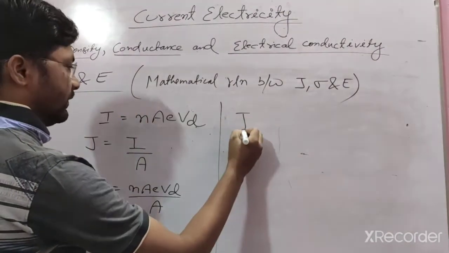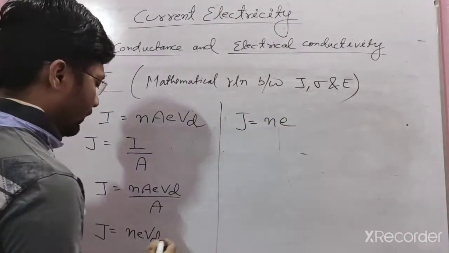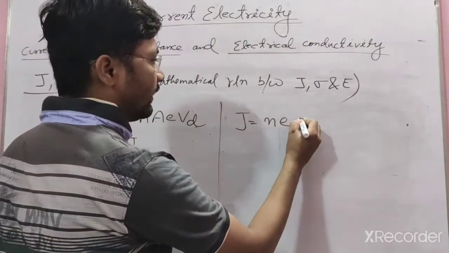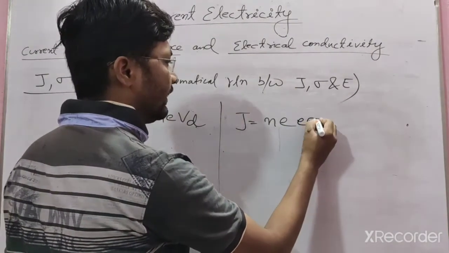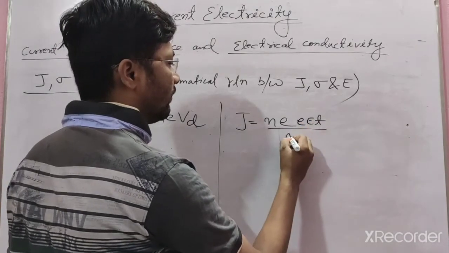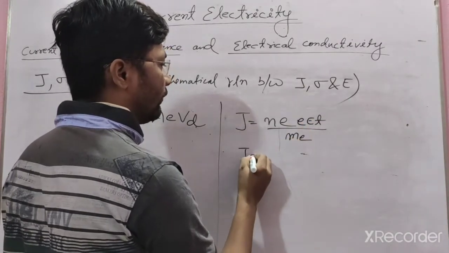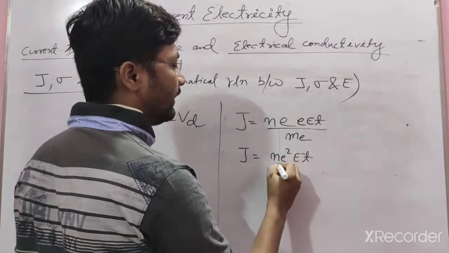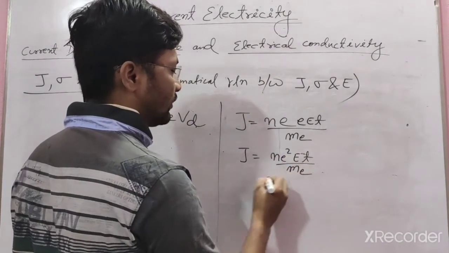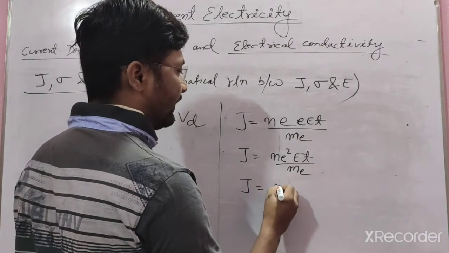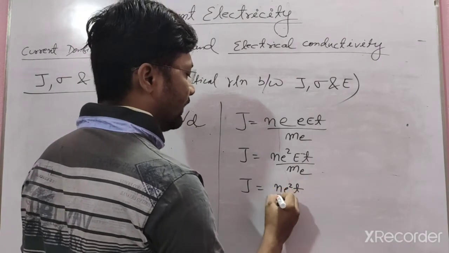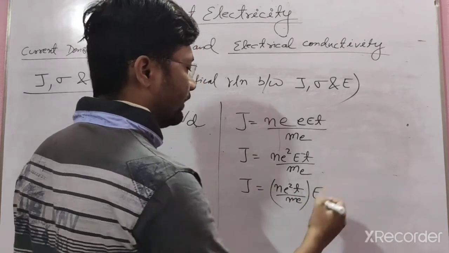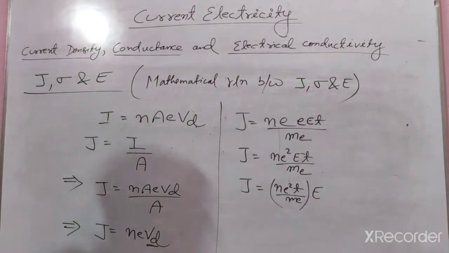Now, J equals ne vd, where vd is drift velocity, and earlier we have studied that drift velocity is eEt by mass of electron. Therefore, J equals ne square E t by mass of electron. This can be written as ne square t by mass of electron multiplied by E, where capital E is electric field.